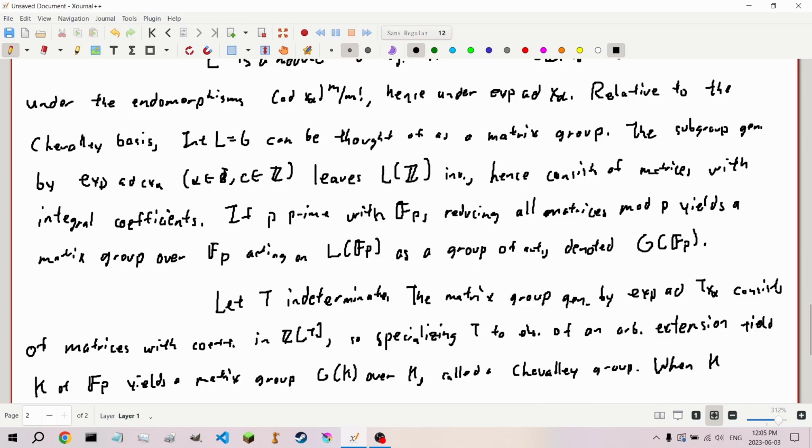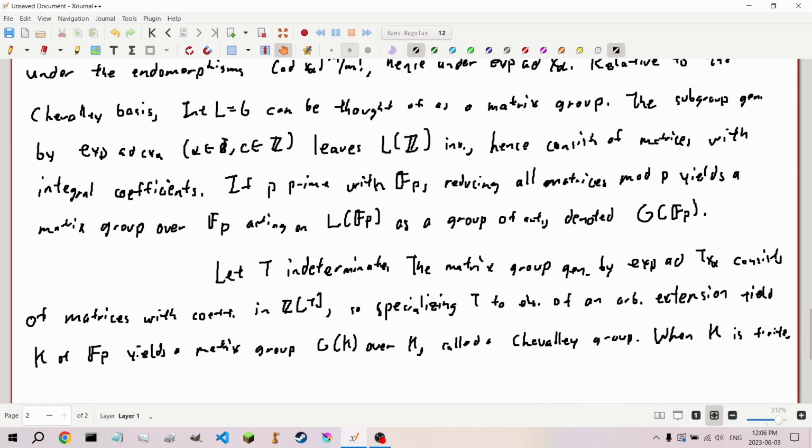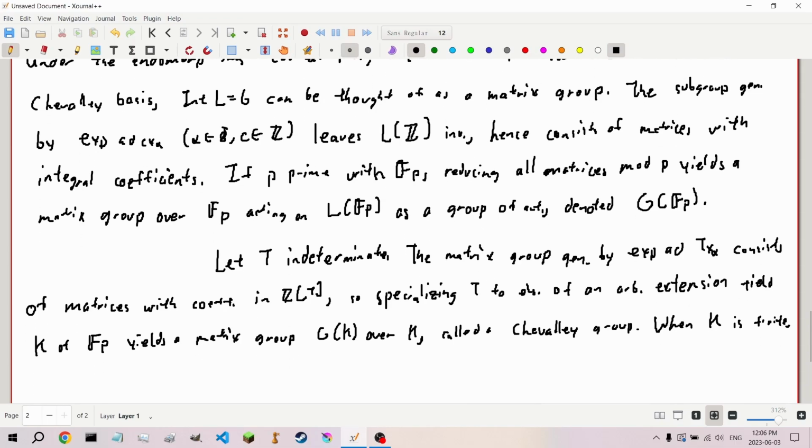When K is finite, this group is finite and usually simple.